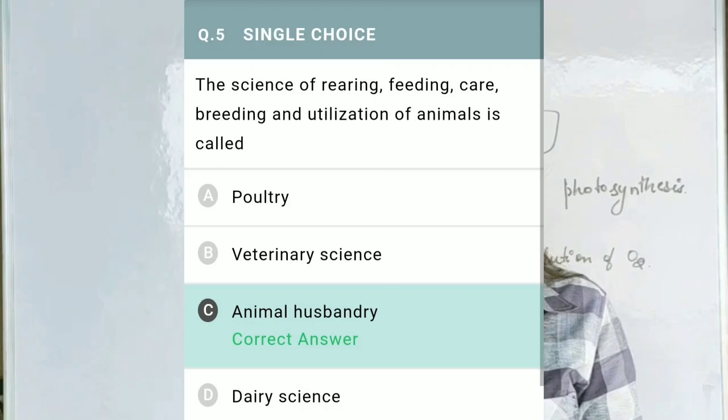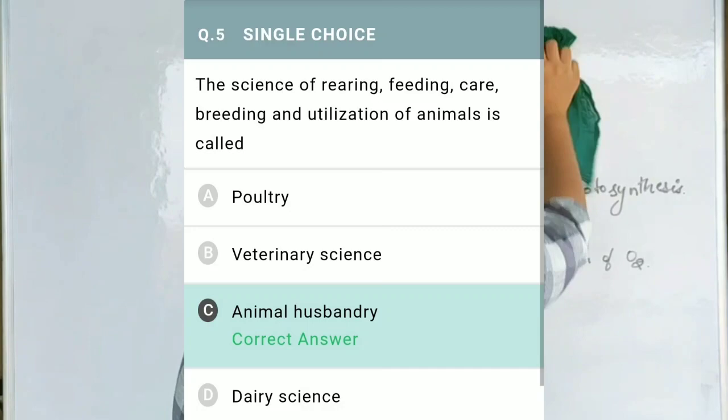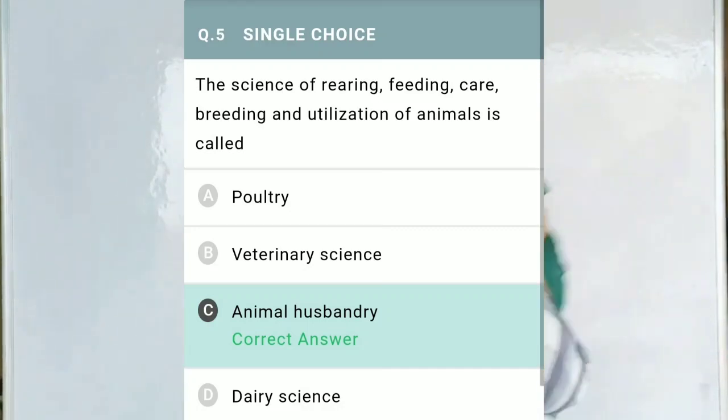The science of rearing, feeding, caring, breeding and utilization of animals and their products is.